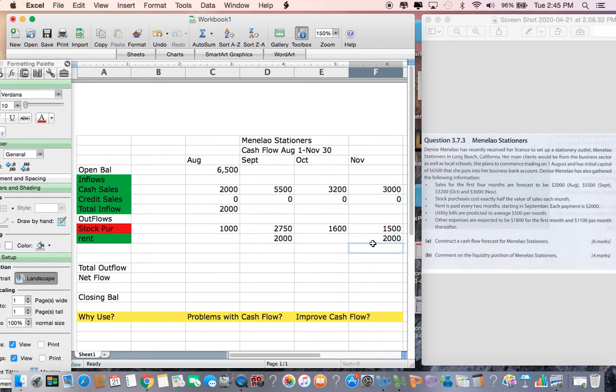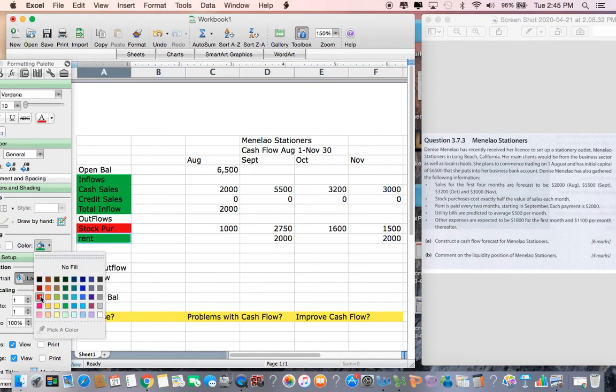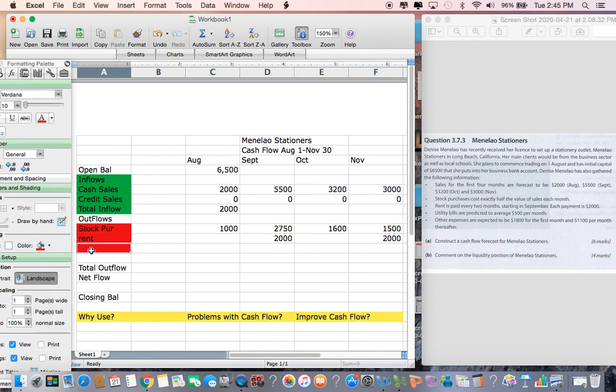So there's another $2,000. Come on, why do you go red? Get in there. Go red. All right. The other thing she has is utility bill. Utility. And that is $500 a month.